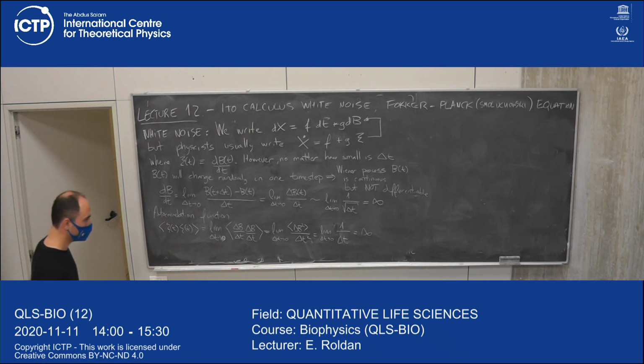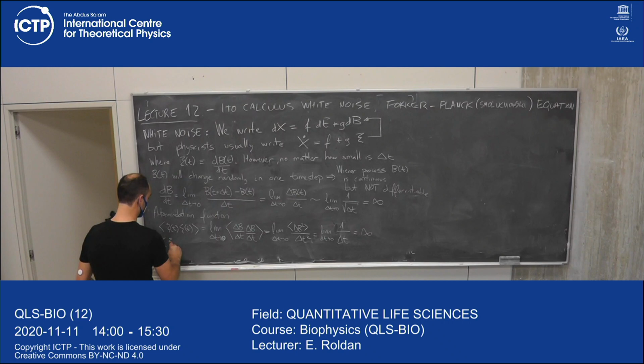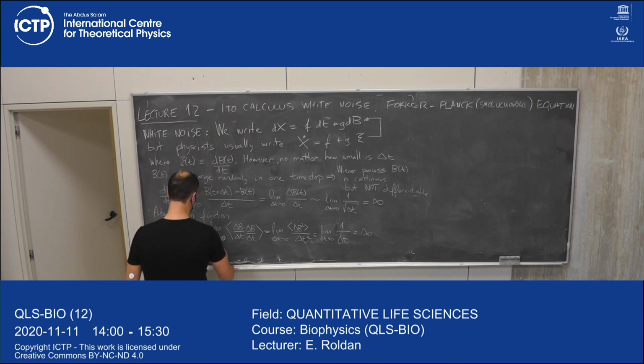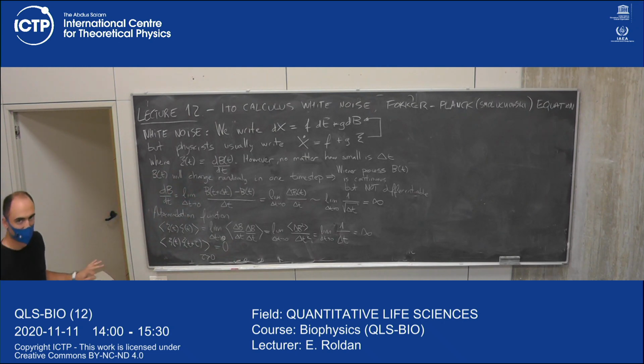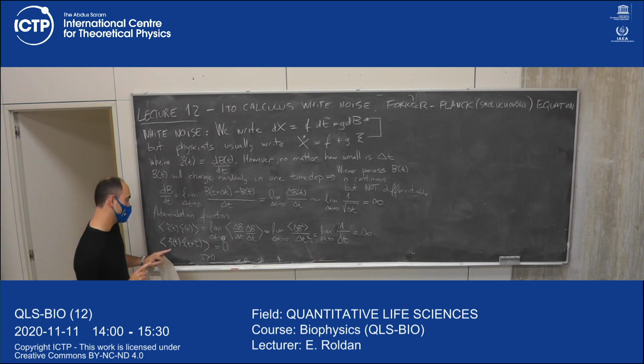However, because of the properties of Brownian motion, we have psi of t plus tau, wherever this tau, so tau greater than 0, this is 0. They are uncorrelated at different times. Okay. This is infinity and this is 0. So this is very strange. However, there is a function that has these properties.